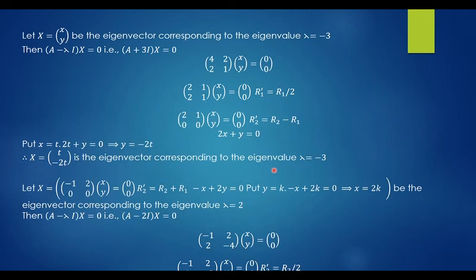another eigenvector corresponding to the other eigenvalue, lambda equals 2. Let us take x, y in the column matrix form as the eigenvector. Then replace lambda by 2 in the equation (A minus lambda I) X equals 0.